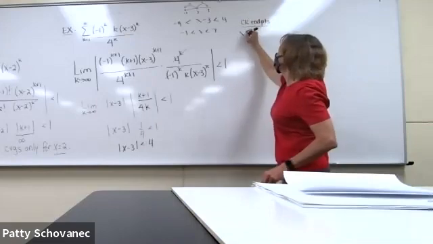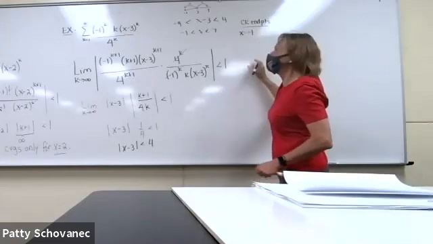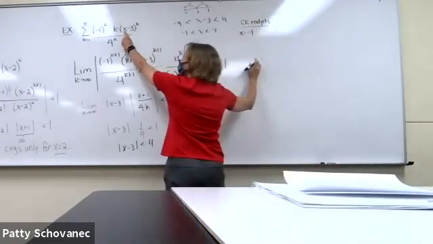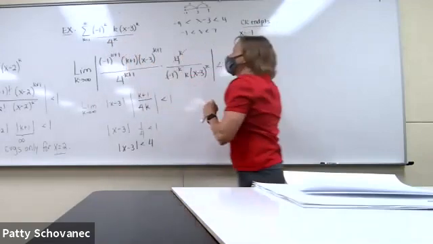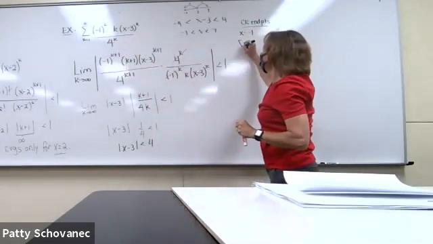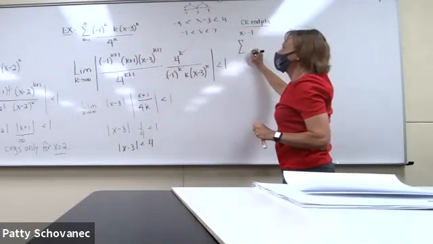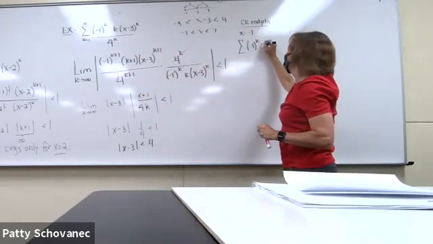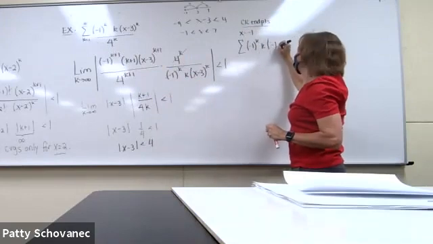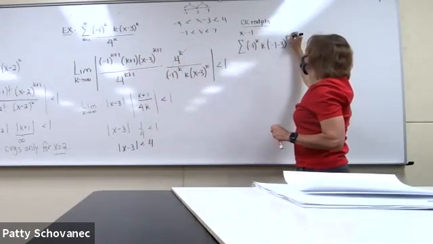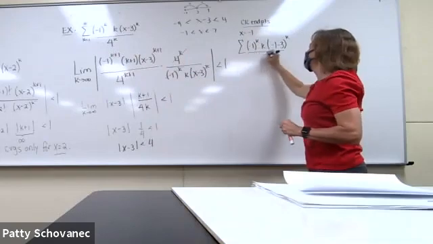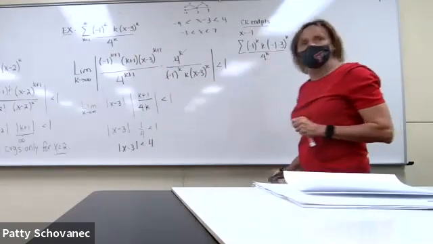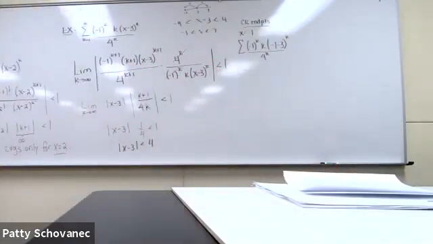We substitute values of x. We're putting in, say, x is -1 right here. Let's rewrite that series when x is -1. I get the sum from k is 1 to infinity of -1 to the k, -1 minus 3 to the k, all over 4 to the k. Substitute -1 in for x.